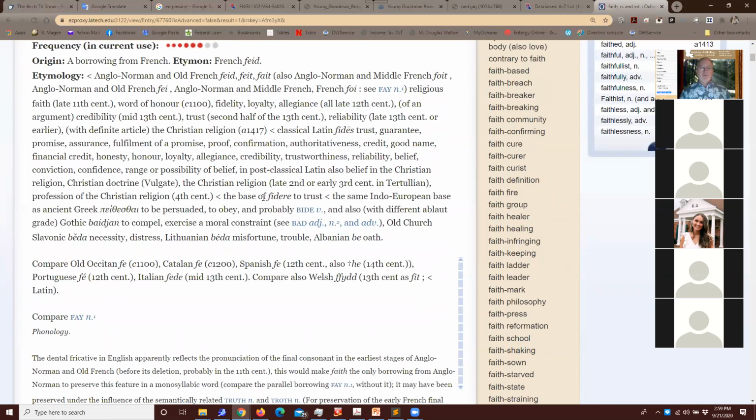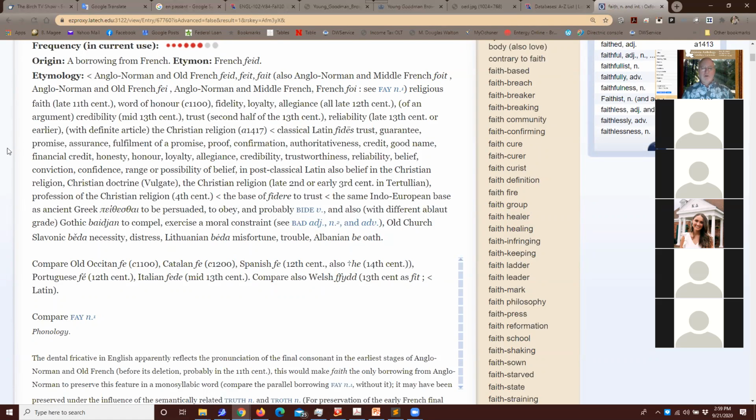The writers, the dictionary lexicographers, that's what they call them, move back behind that to the Greek pistuo and pistis, the meaning that is in the New Testament, pistuo, which is the verb, and pistis, which is the noun, come over into Latin and from there to French and to us.